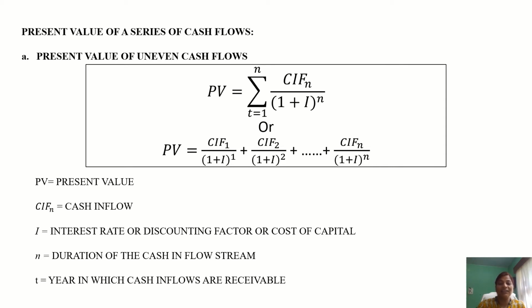CF is the cash inflow. So for the first year it will be CF1, then CF2, like that. i is the interest rate or the discounting factor. Because every year it is changing, we will write like this: CF1 divided by (1 plus i) whole power 1, and so on. So let us see one example.